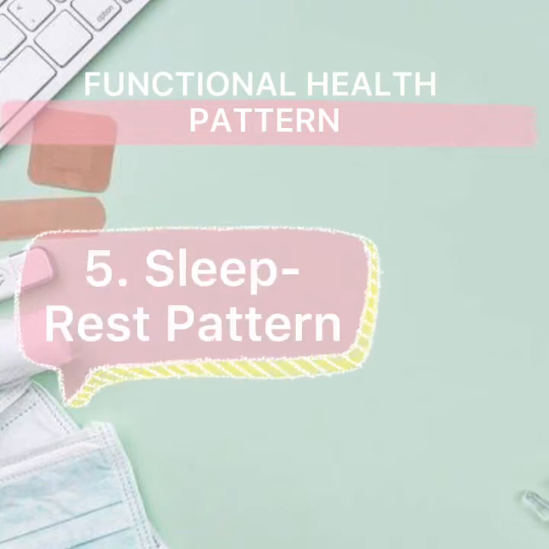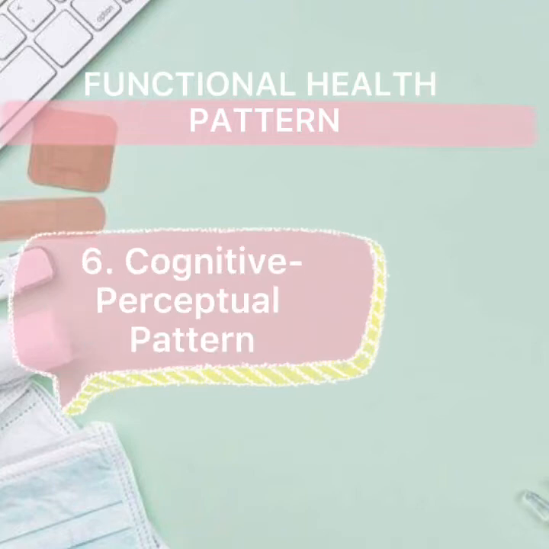We have sleep-rest pattern. Determine if the patient wakes up because of pulmonary problems. Also, we have cognitive perceptual pattern because hypoxia can cause neurologic symptoms. So ask the patient about apprehension, restlessness, irritability, and memory changes, which can indicate inadequate cerebral oxygenation.